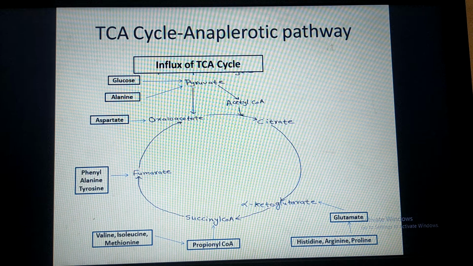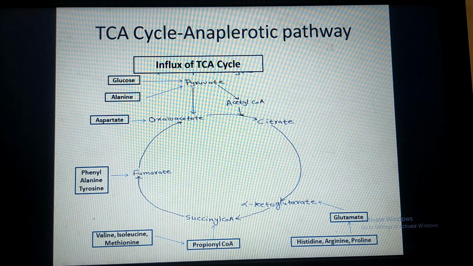Similarly, the amino acids like histidine, arginine and proline get converted into glutamic acid, and this glutamic acid later on gets converted into alpha ketoglutarate by deamination. The amino acids like valine, isoleucine and methionine get converted into propionyl CoA, and this propionyl CoA undergoes a carboxylation reaction to form succinyl CoA.